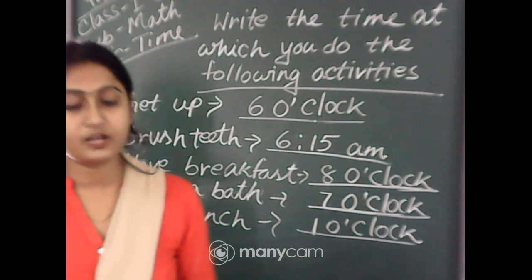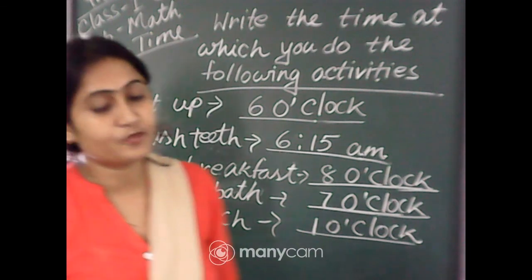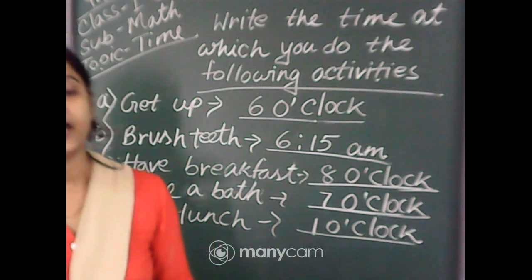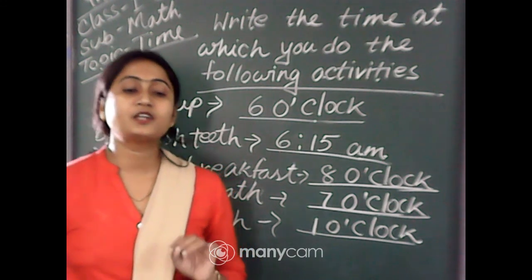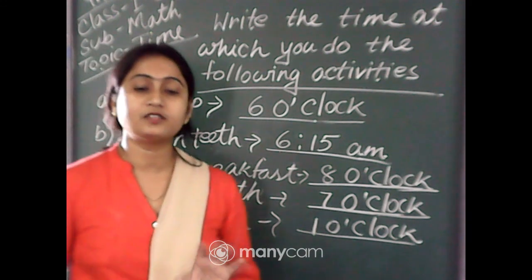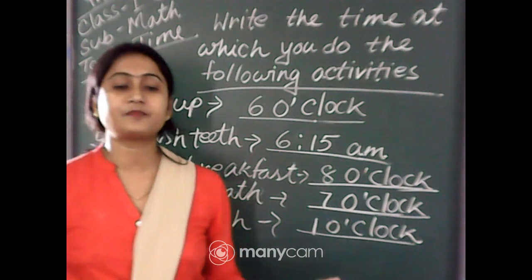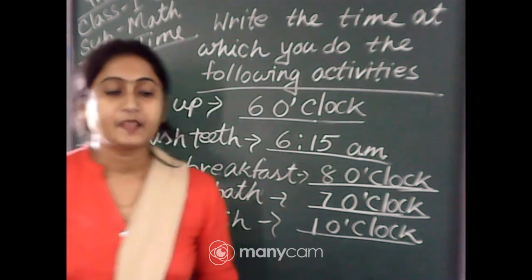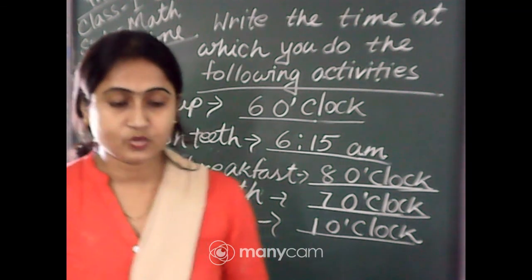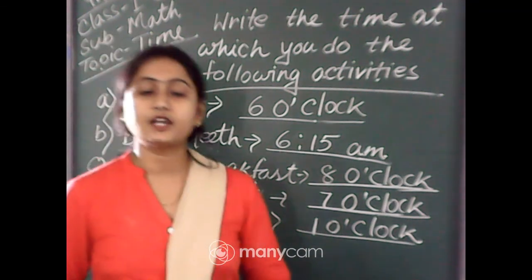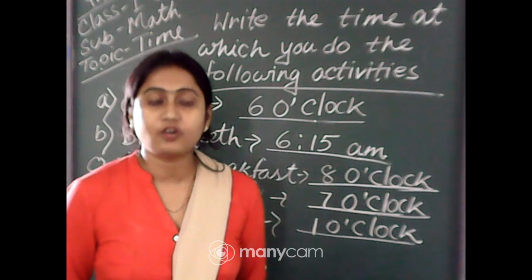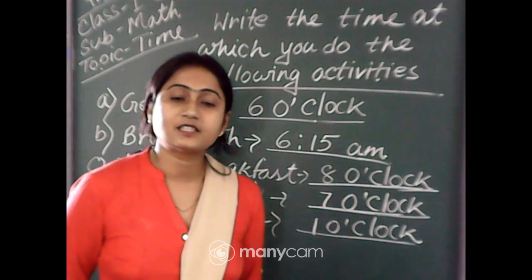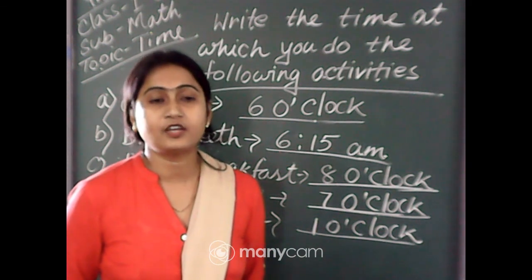Of your math magic book and math composite book, whatever chapters we are doing in class, those will be included. Whatever chapters we have not done in class are not included. Whatever chapters I am explaining and you are solving will be in your exam.